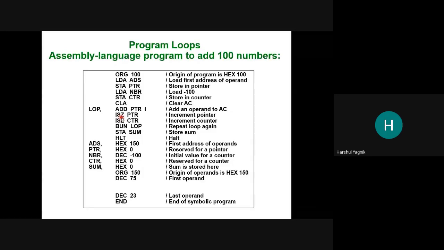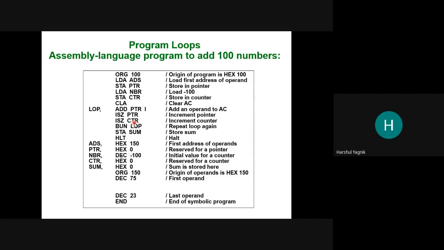The pointer is at address ADS, and the ADS address is 150. Otherwise it increments. Similarly for the counter variable, it is starting with -100, so it keeps on incrementing: -100, -99, -98. If it is 0, then the next instruction will be skipped.